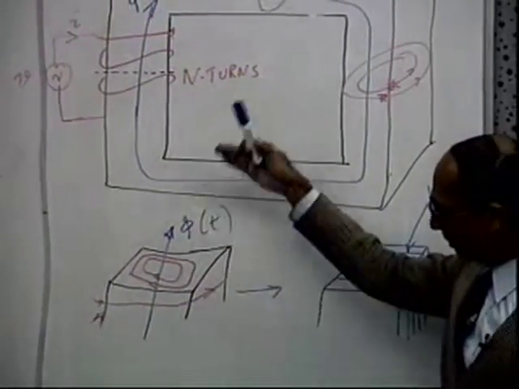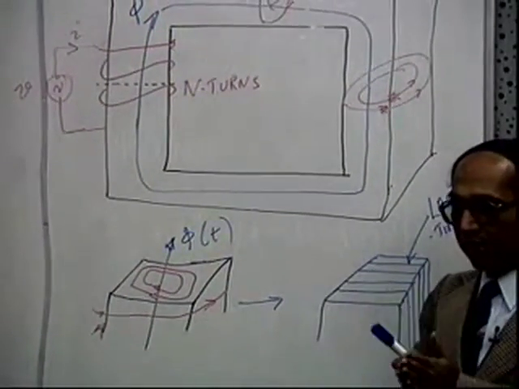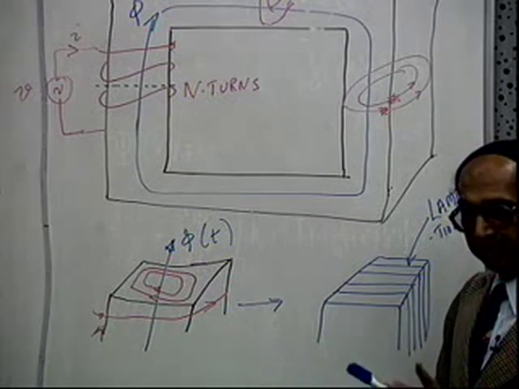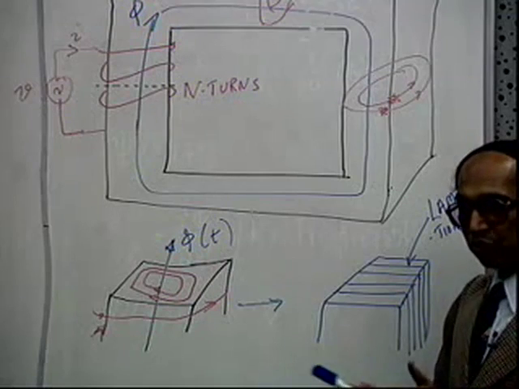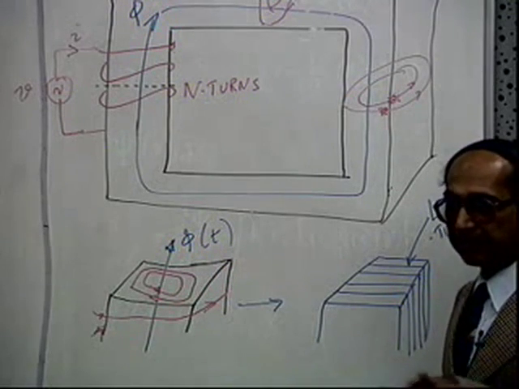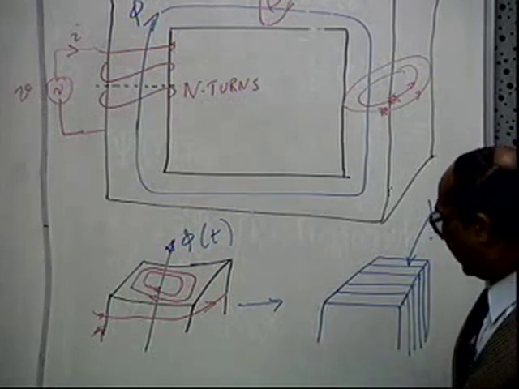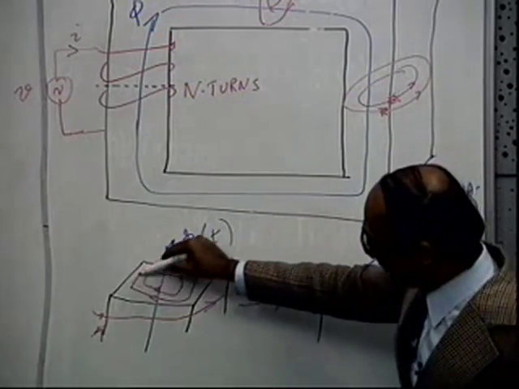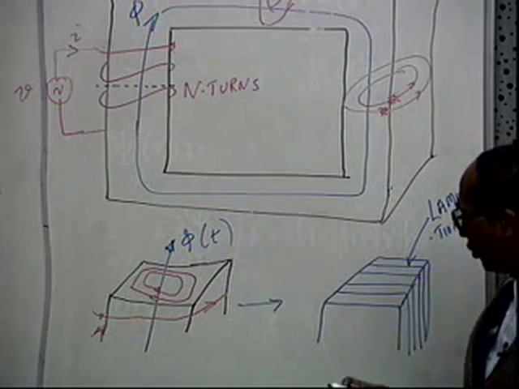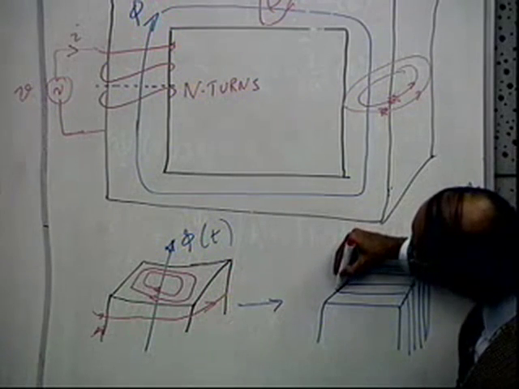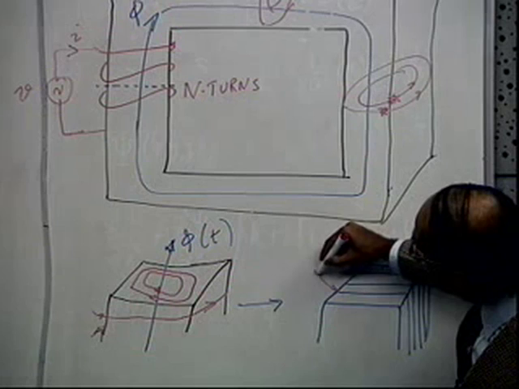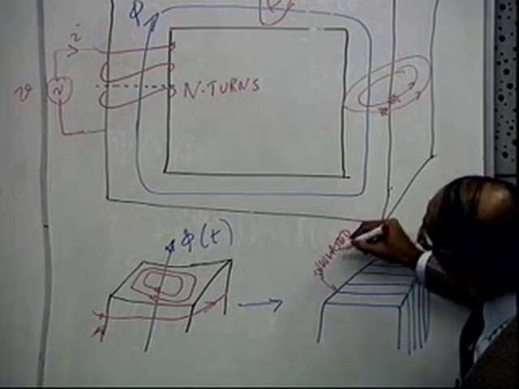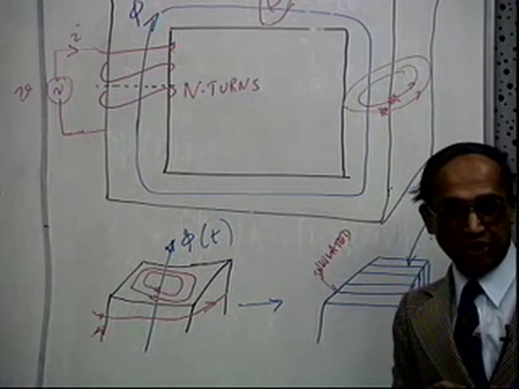Supposing you make it through laminations and stack them together. You make thin sheets and stack them together to form the respective length. Then there is no path here, and you will also make sure that the laminations are all insulated.